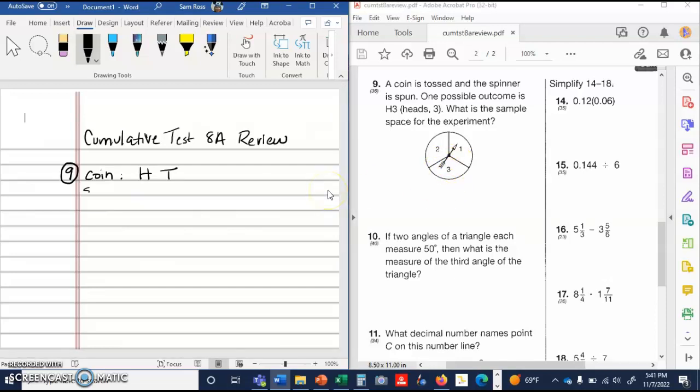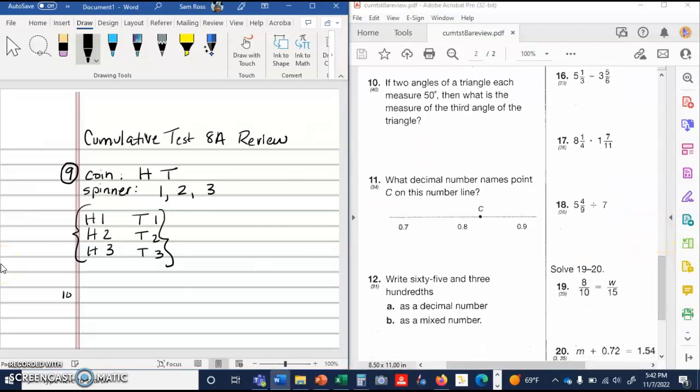And for this spinner, I know my options are 1, 2, and 3. One possible outcome is heads and 3. What is the sample space for this experiment? So I can get heads and 1, heads and 2, or heads and 3, or I can get tails and 1, tails and 2, tails and 3. This is my sample space. This is every possible outcome that I could get. Okay?